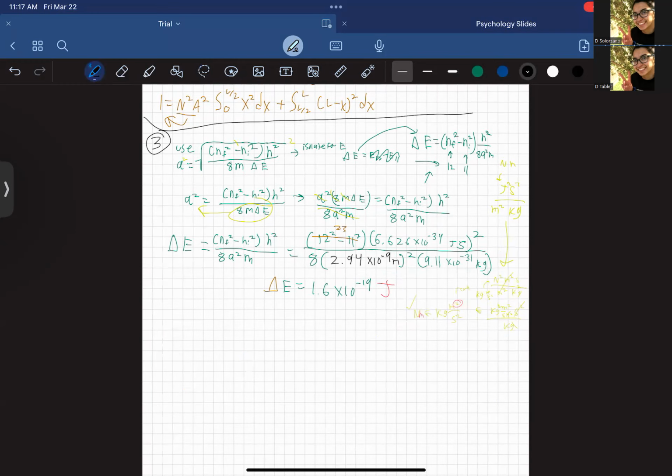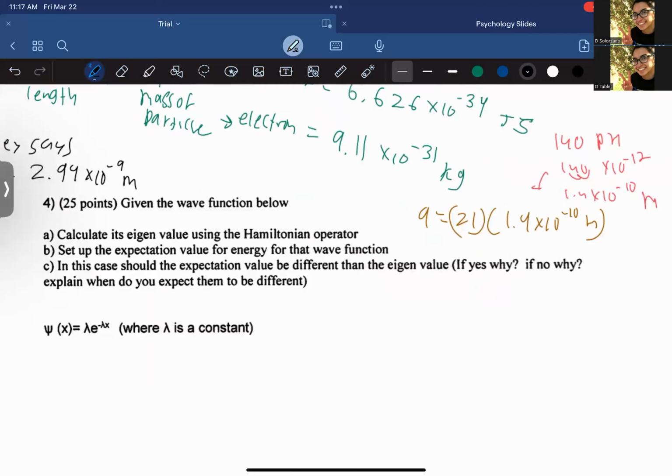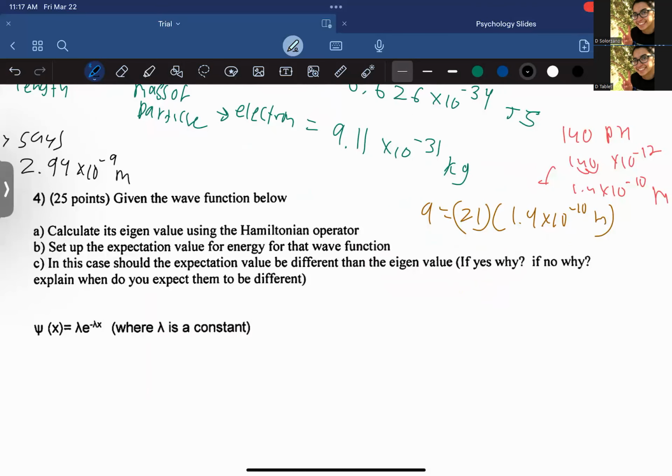Yeah, it looks like we should have enough space for one more problem. Given the wave function below, calculate its eigenvalue using the Hamiltonian operator, expectation value, and then should the expectation value be different than the eigenvalue? So let's start with the equations for those.